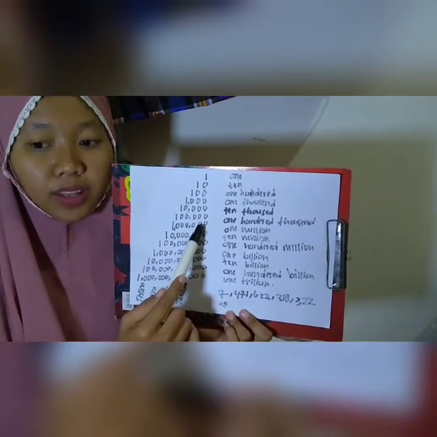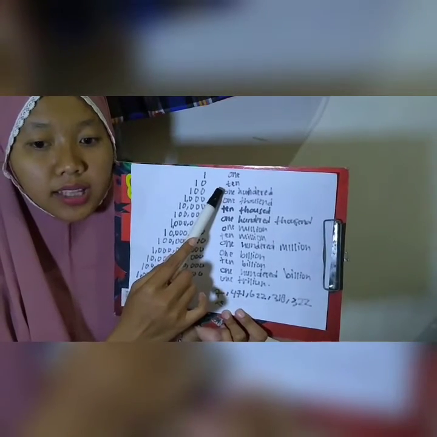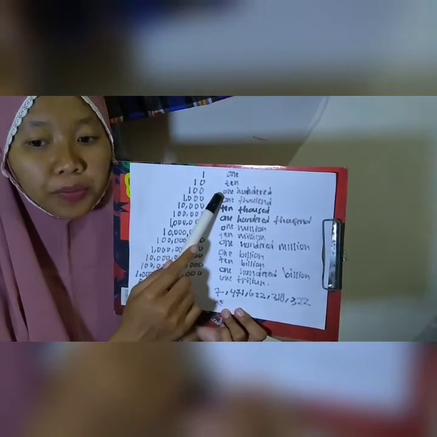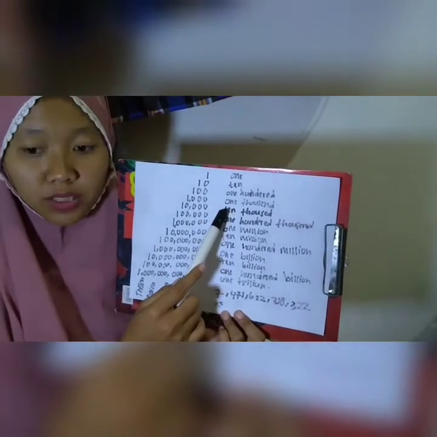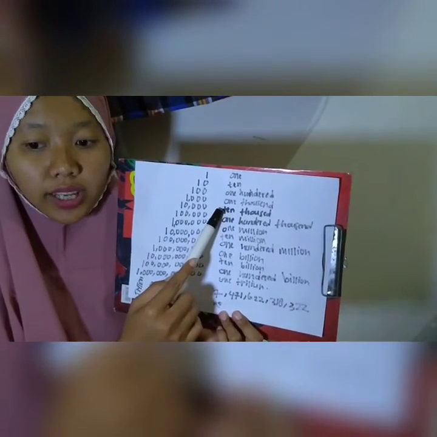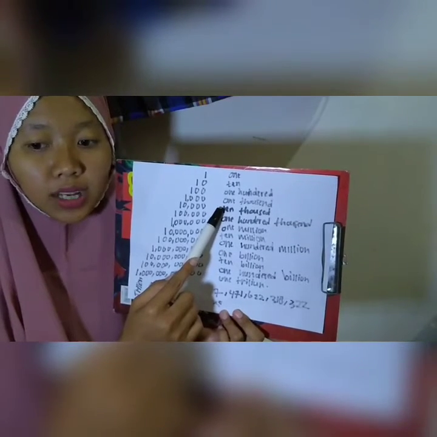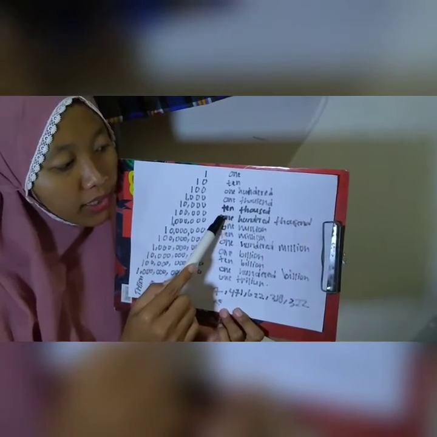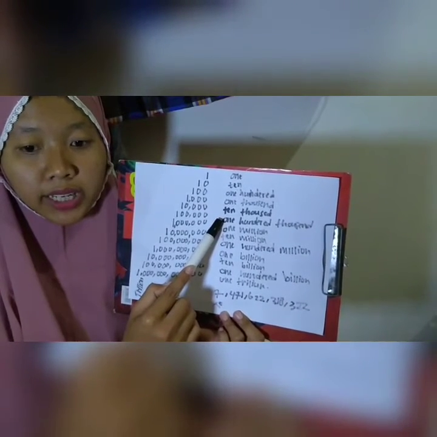Here 10. Okay, there's a number before the comma, so 10,000. Here it is 100,000. Now I have one here.